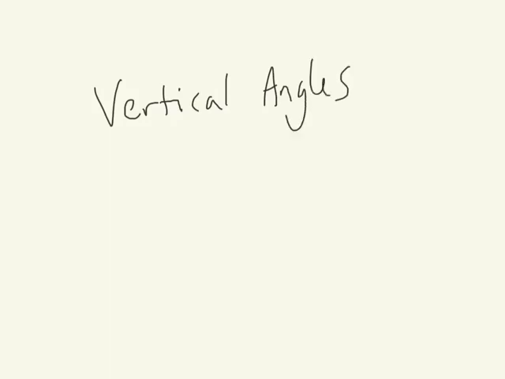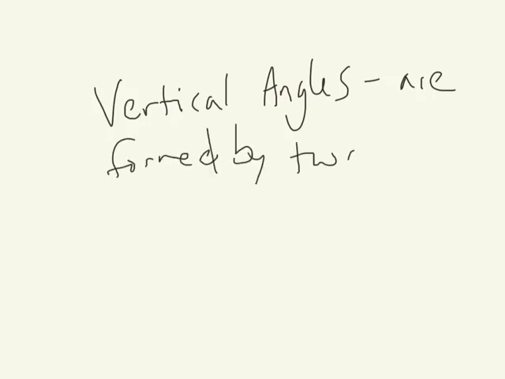Now let's talk about vertical angles. These are formed by 2 intersecting lines and are opposite one another.